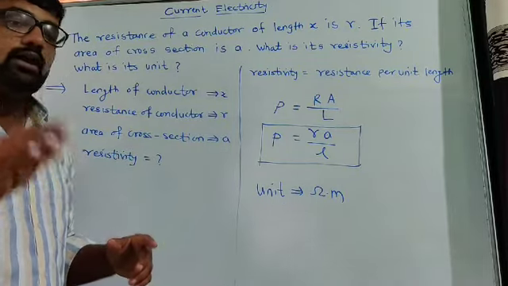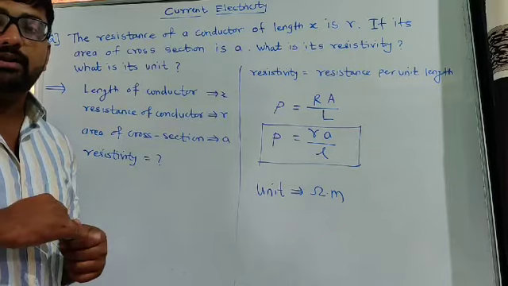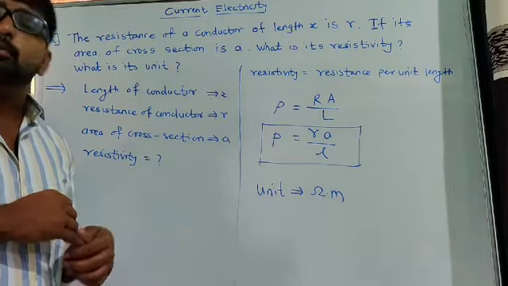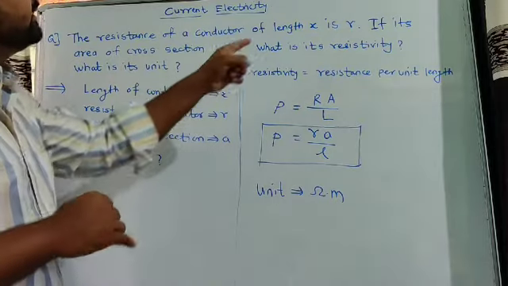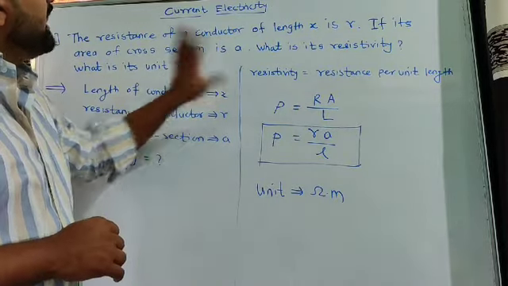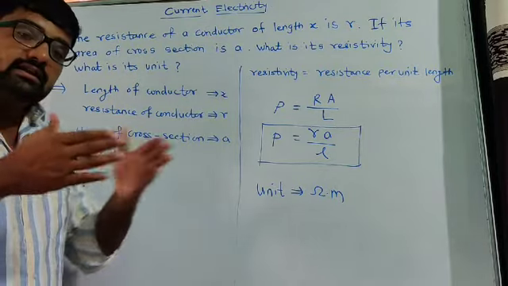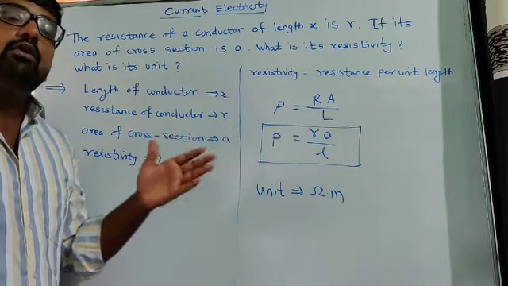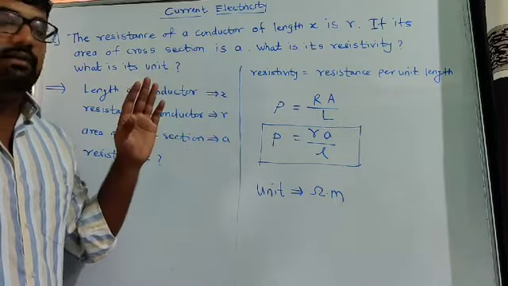We know the length of that wire, then we find the area of cross section by using the formula pi r square. We also have its length, its resistance, and its area of cross section, then we can calculate the resistivity of that particular conductor.